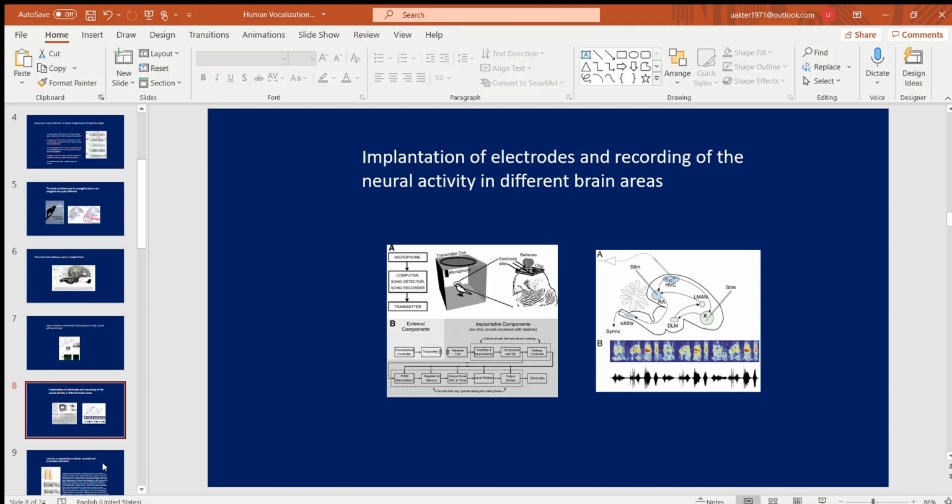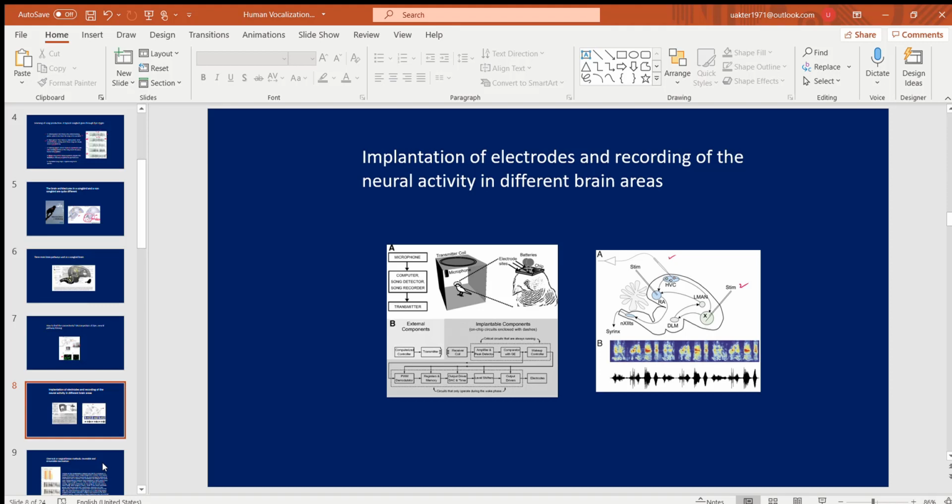Another is stimulating one area by electrode and recording from other areas to see, when you stimulate an area, which other areas' neurons are excited. That means they are connected to this area. Also, we can stimulate certain areas and see the behavioral response.